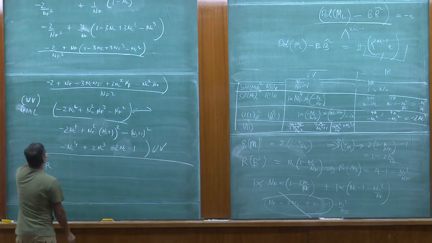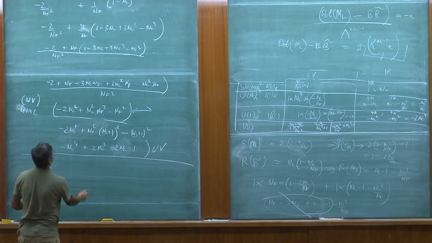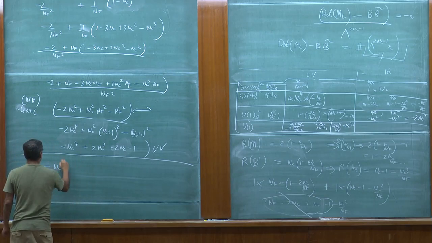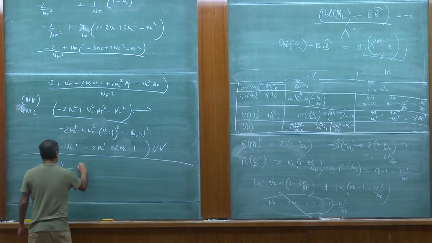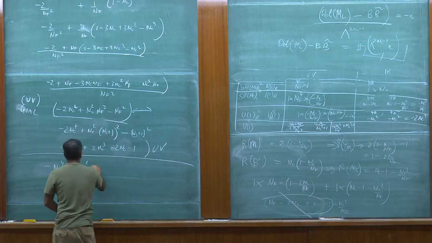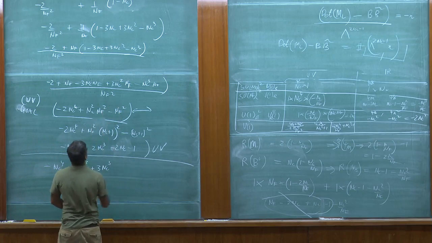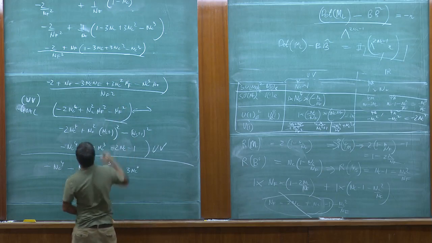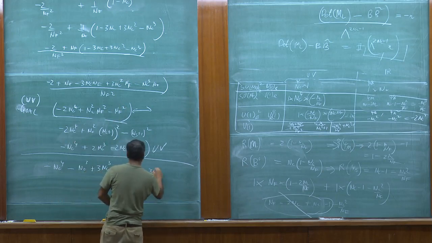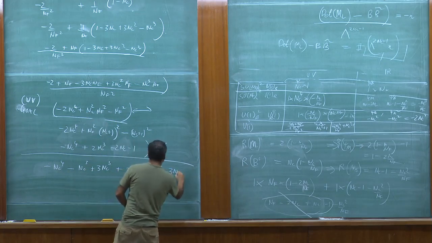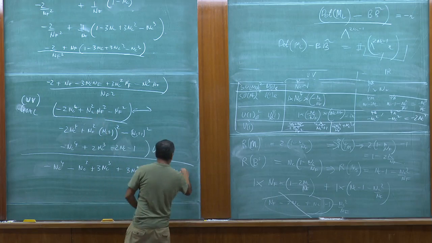IR, we will do similar matching, so that IR is minus NC to the 4 minus NC cube, that was from that term, from here plus 3 NC cube, that was from this term, plus 3 NC square, again from that term, minus 3 NC square from that term, minus 3 NC from that term, plus NC plus 1 minus 2.